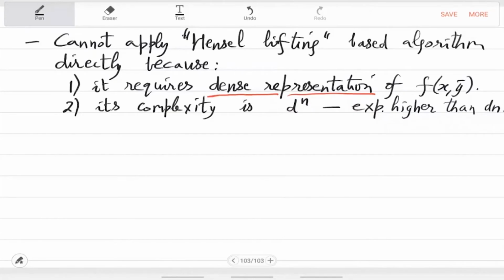So we have to do something else. Any ideas what to do? How do you reduce this d raised to n obstruction? By reducing n. How do you reduce n?